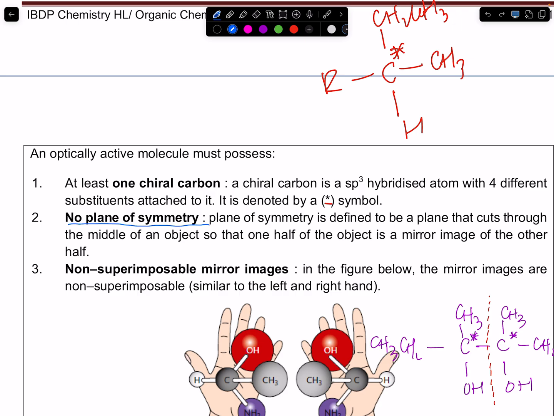Now you might be thinking, why is this a criteria? Look, when you were happily putting the molecule into a canister just now, why did I have to rotate the polarimeter in order to see Ethan's face again? The reason is because when you have 4 differing groups, that means you have 4 electron clouds.